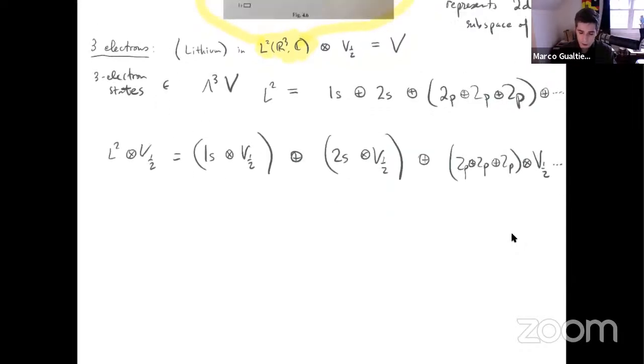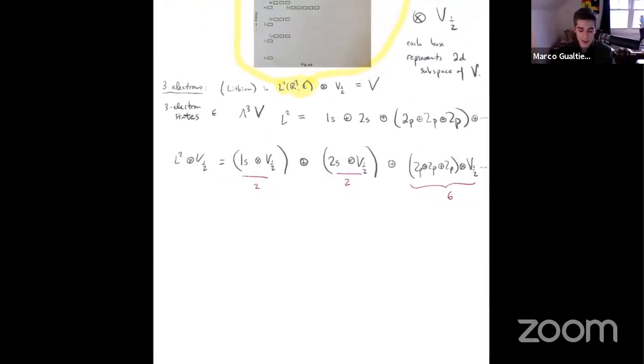Let me draw the dimensions below. This has dimension 2, this has dimension 2. This part here has dimension 1 plus 1 plus 1, dimension 3. It's a 3-dimensional representation of SO3. Then I'm tensoring it by 2, so that's 3 times 2, and this would be 6-dimensional. This is a description of the entire vector space V, and then I need to look at wedge 3V.